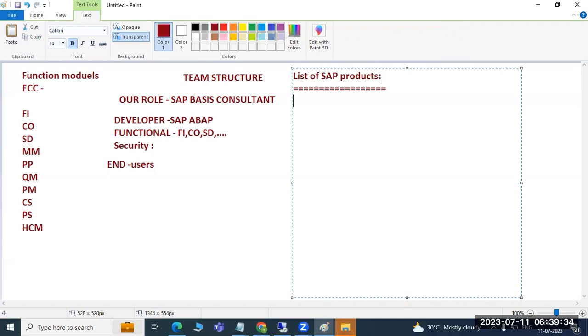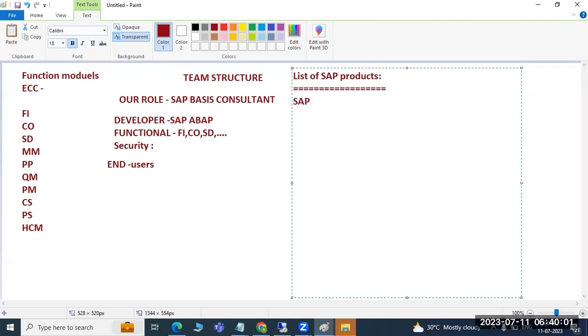Same as SAP. As I always mention, SAP is not just one simple word. It has many functionalities, and it provides many business software products, right? As far as I know, I will talk about a few of the SAP products.